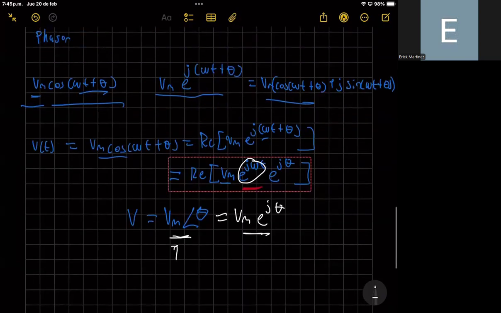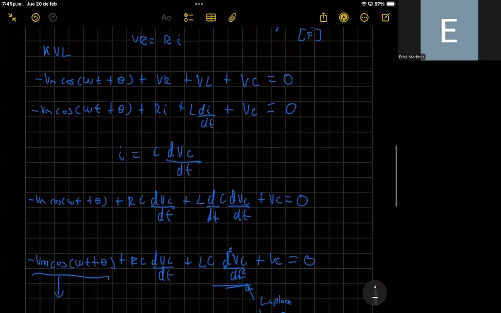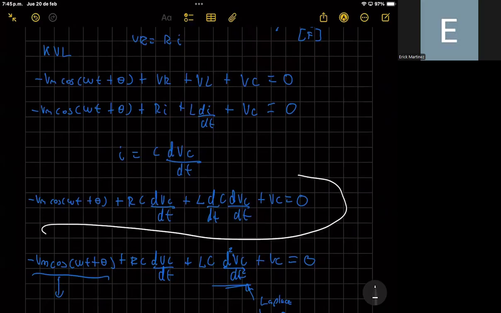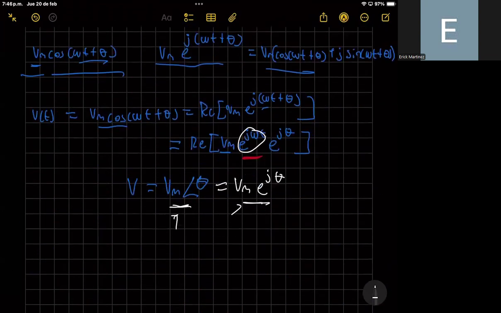In fact, you will notice that the conversion between phasor and the time domain, or from my original function to the phasor representation, is very simple. There are certain conditions that we need to be careful about, but this property will allow us to convert the original differential equation that is right here into only numbers. And we can solve this differential equation algebraically. That is the main goal of all this analysis, and this is essentially the phasor.